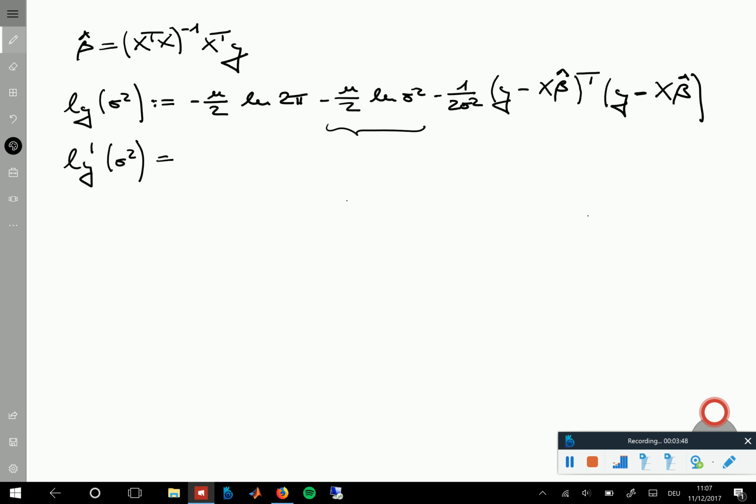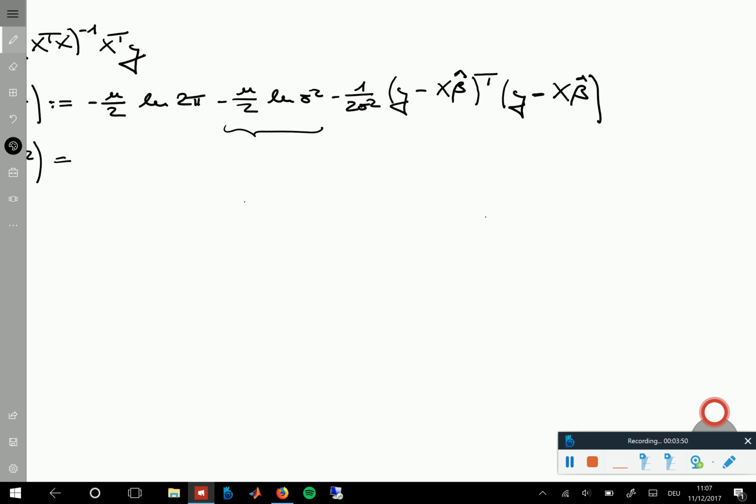One thing that actually helps in computing the derivative and seeing things more clearly is if we put this division by sigma square here instead of there. It's just easier to see. So here we have the derivative of log sigma square.